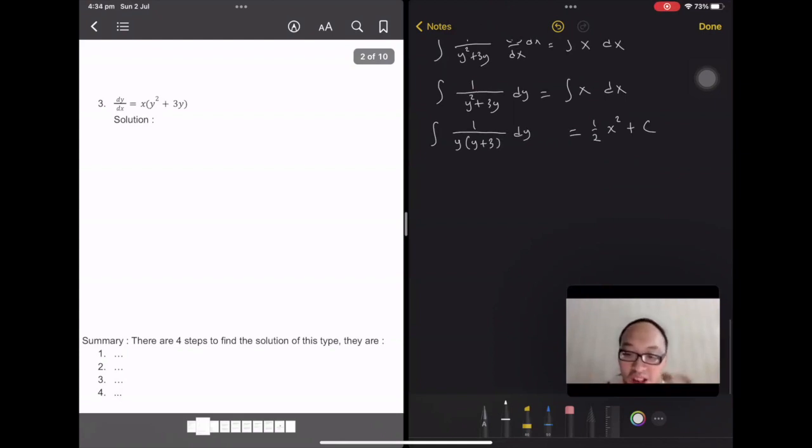We can ask help from partial fractions. 1 over y times y plus 3 can be split into a over y plus b over y plus 3. Don't forget this is partial fractions.